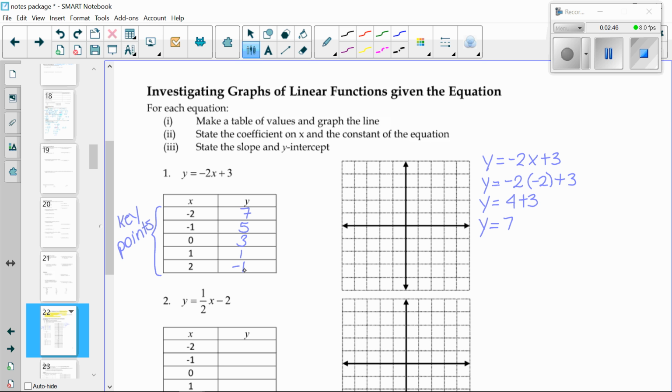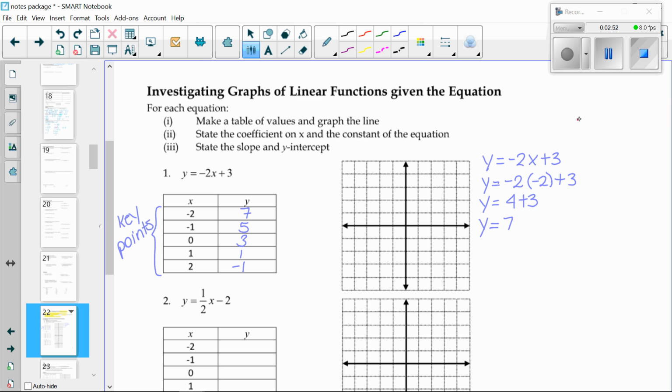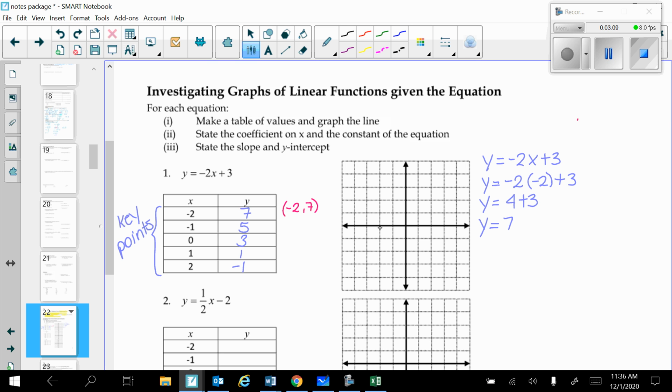All right. So now I have my points, and now what I'm going to do is graph my line. My first ordered pair is -2 and 7. Remember, the horizontal axis is your x, the vertical one is your y. Now I don't have enough grid for that, because -2 and 7 is going to be up here somewhere.